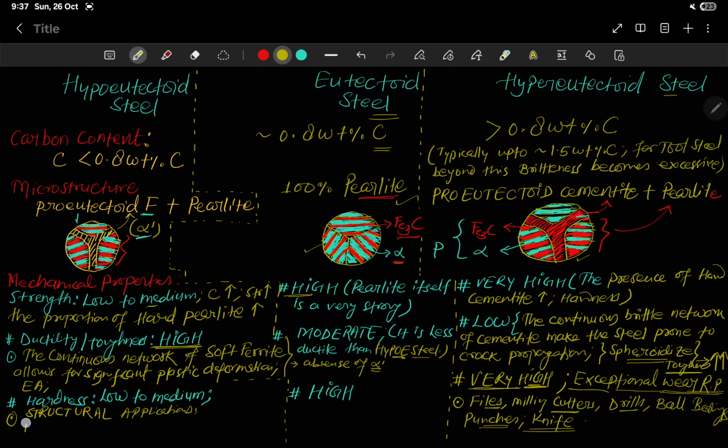So these are used in bridges, in wires, and also in car body panels and ship hulls, which should have high toughness, structural I-section beams, and pipelines for water and oil transportation.